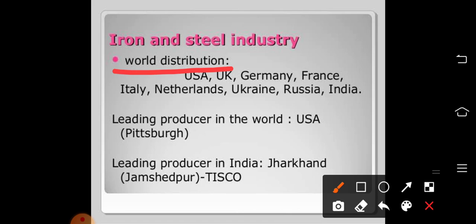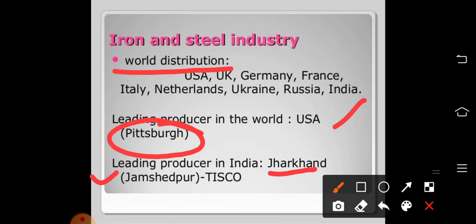The leading producer of iron and steel is USA, especially the place Pittsburgh. And what about India? The leading producer of iron and steel in India is the state Jharkhand.